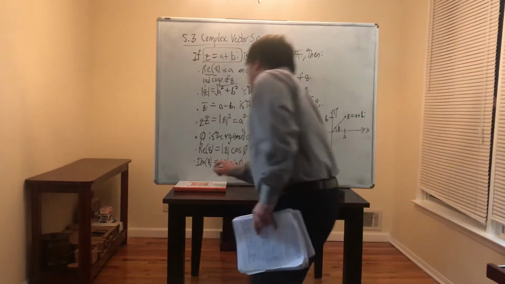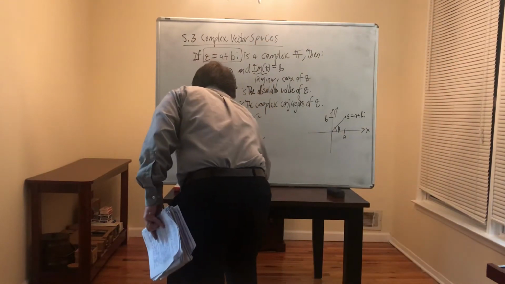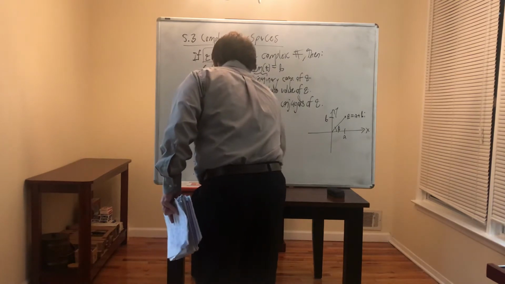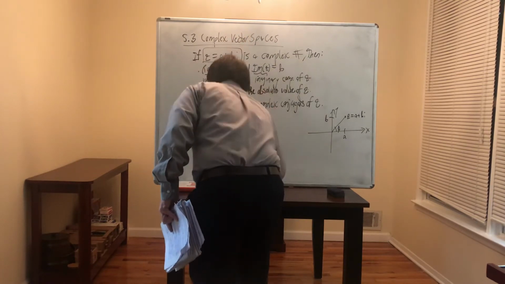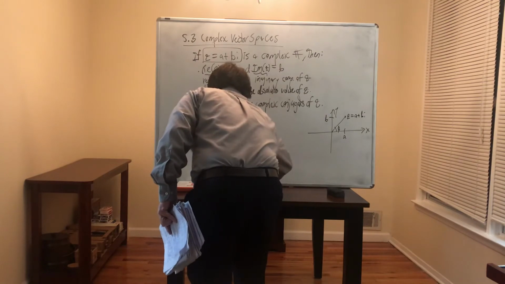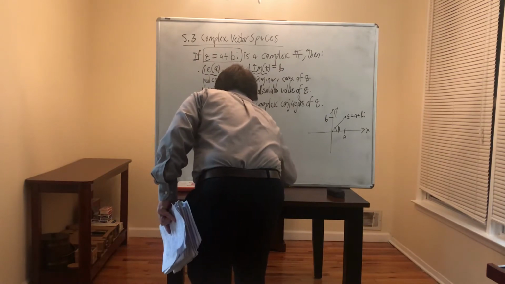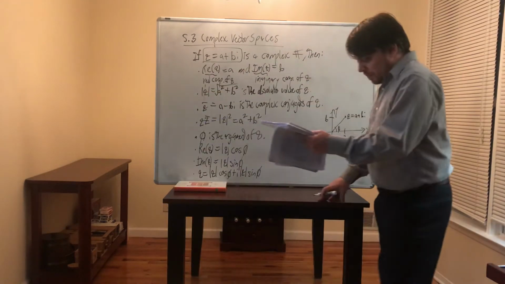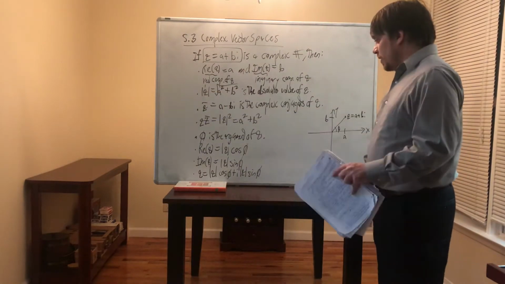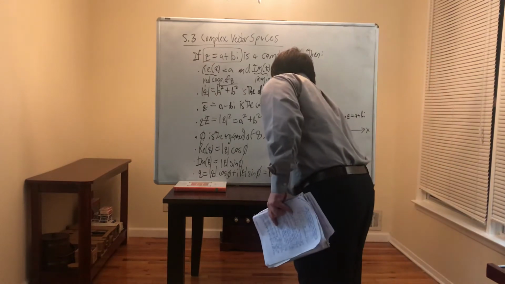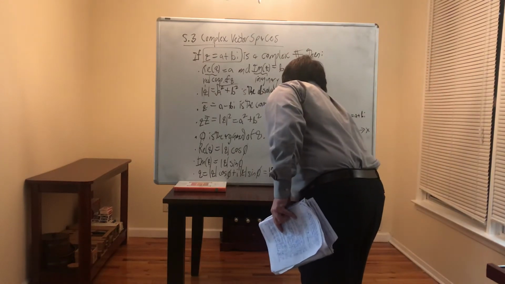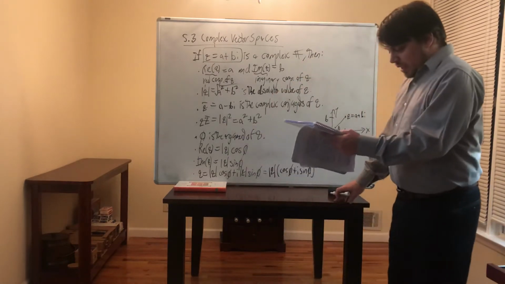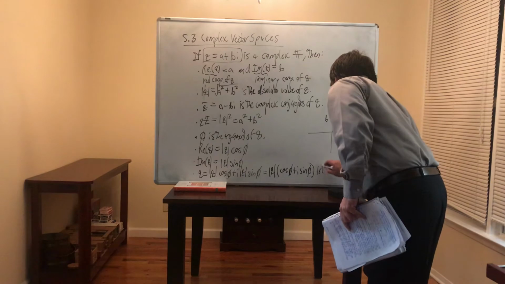And z is equal to the absolute value of z cosine phi plus i times the absolute value of z sine phi. If you factor out the absolute value of z, you get the absolute value of z times cosine phi plus i sine phi. And that is the polar form of z.